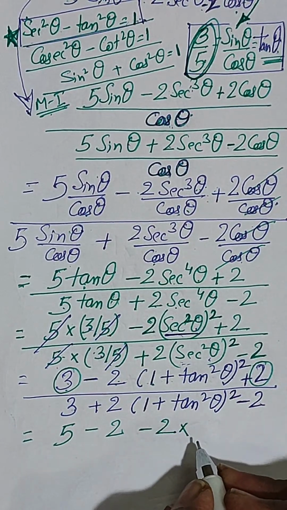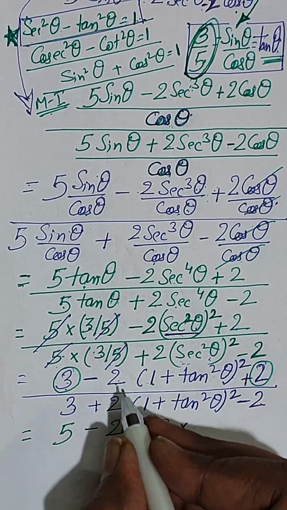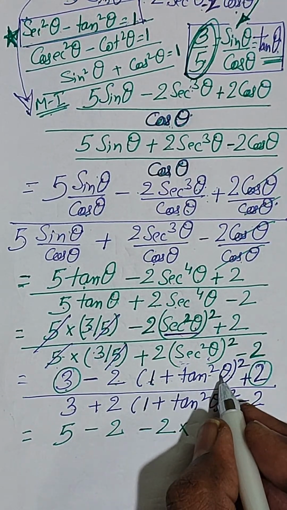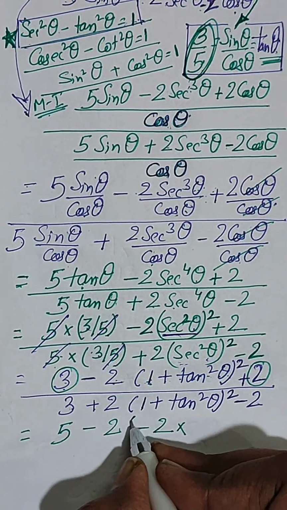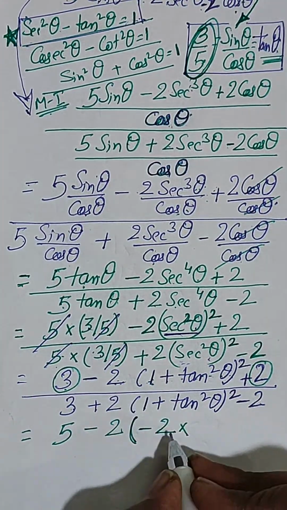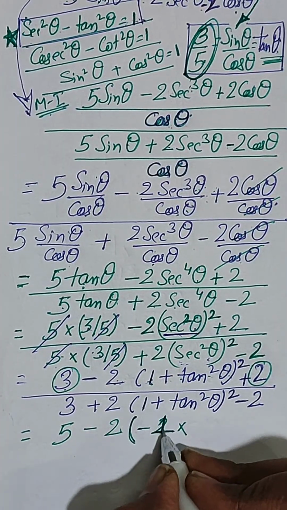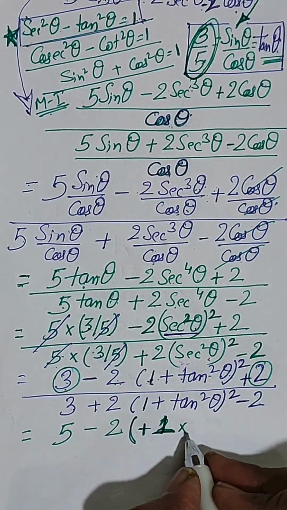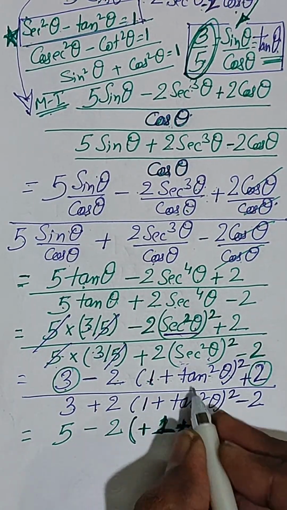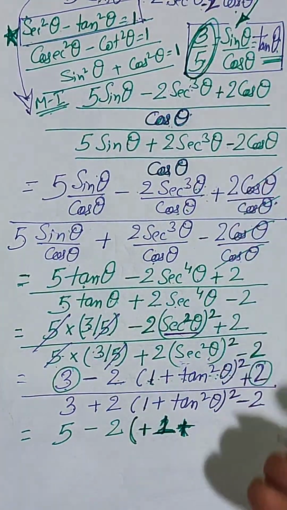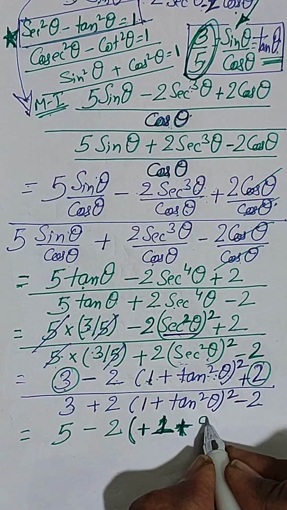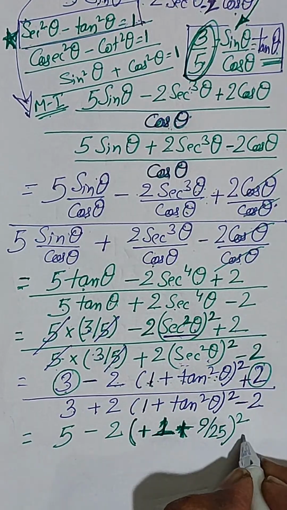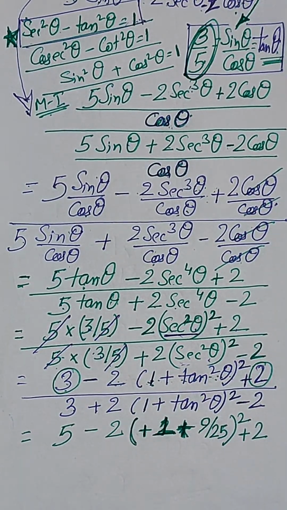So before expanding the bracket, I think we can put in the value of 1 plus tan square theta. So just write minus 2, keep it outside the bracket, and inside the bracket minus 1, this minus plus 1 plus this tan square theta. Tan square theta is 3 by 5, so squaring it becomes 9 by 25 whole square plus 2, right?